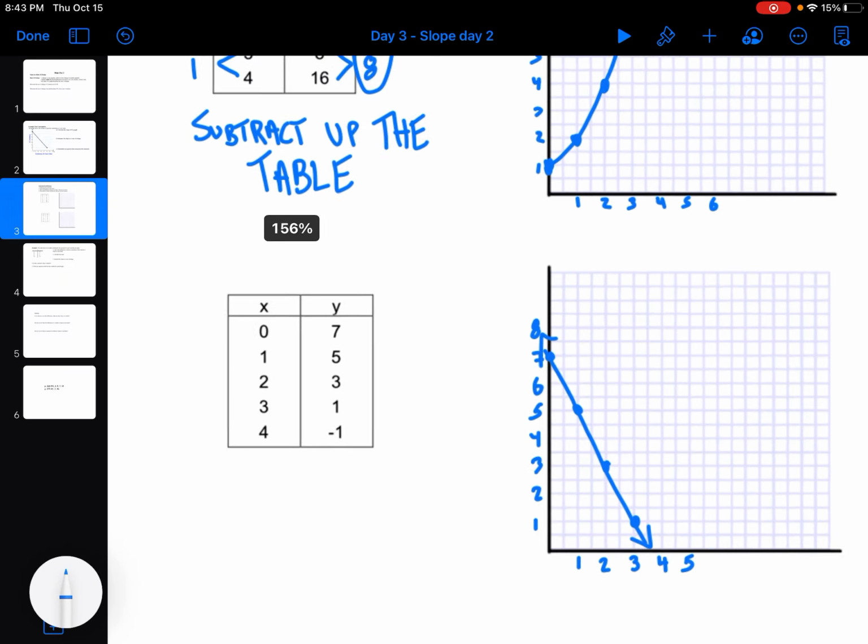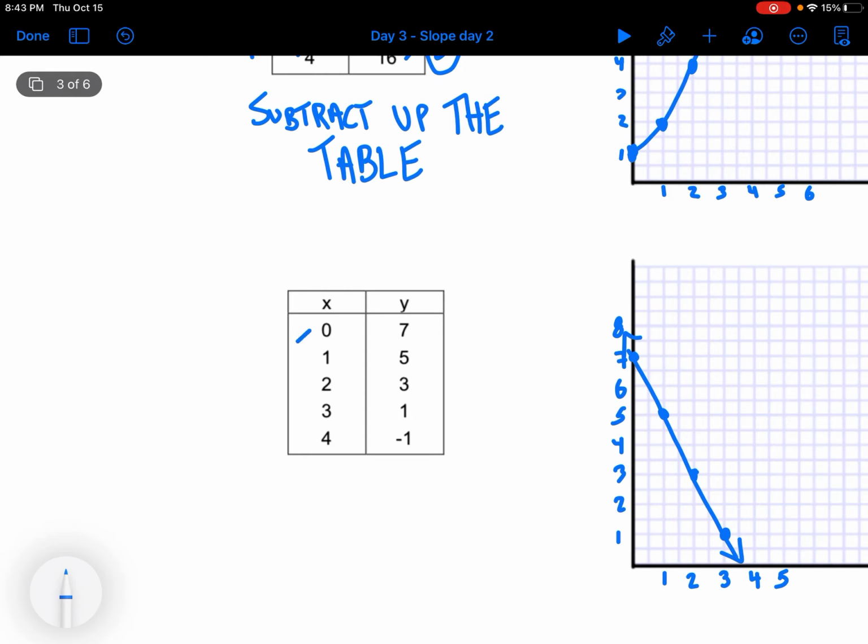But how could we do this with the table? Well, we know that these are all 1. And what I'm actually finding on the left is the change in x. We know slope is the change in y over the change in x, delta y over delta x, y2 minus y1 over x2 minus x1. So we can now do the same thing.